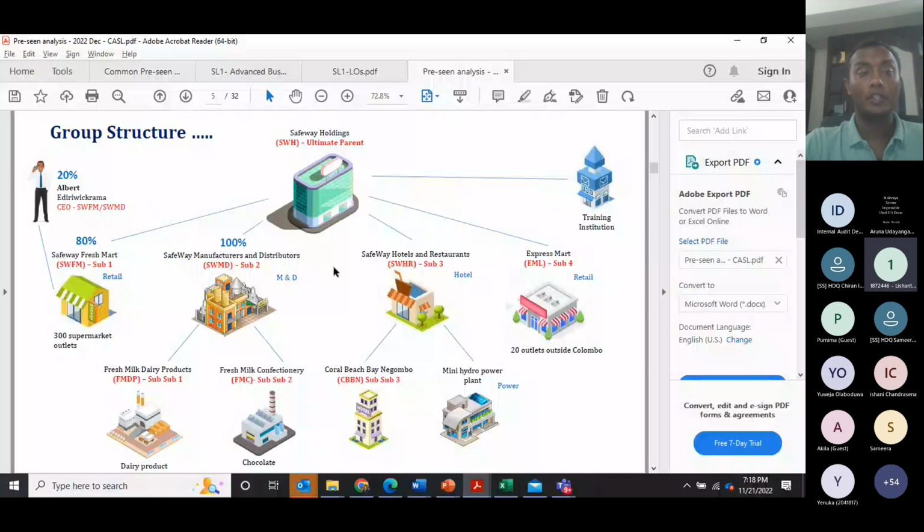And there is a holding company. If you really look at holding companies, just like a shareholder, they pump money into other businesses, right? So we have all of these different businesses: the marketing, hotel, dairy, confectionery. So this is a reflection with the share ownership that you can see. And this is the latest development, and they want to expand this business more.